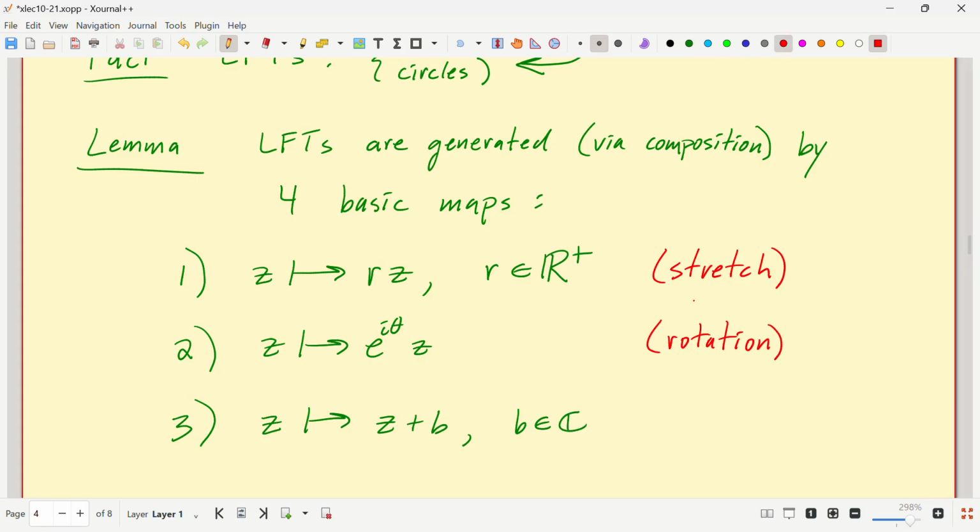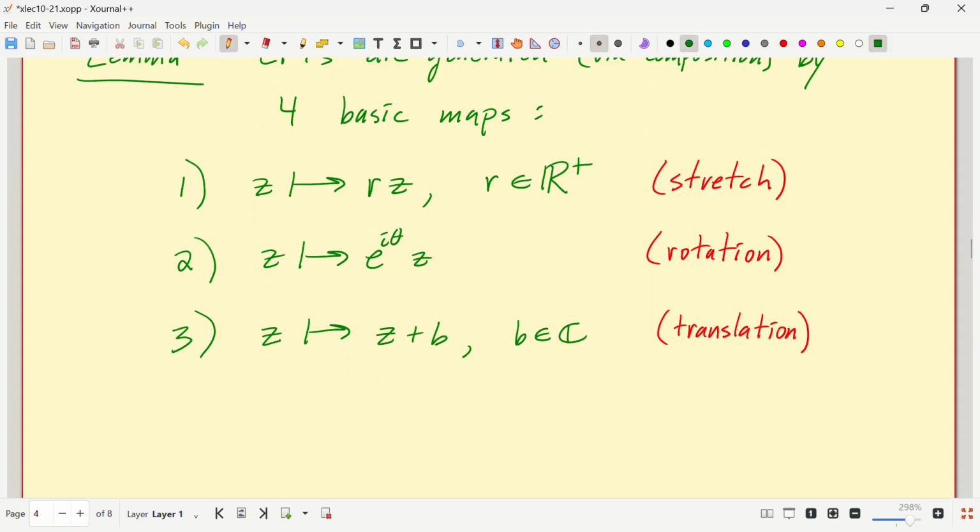That is a translation. You just move everything in the complex plane by b. Then there's one in a different category, a more interesting map, and that's z goes to 1 over z. That's inversion.